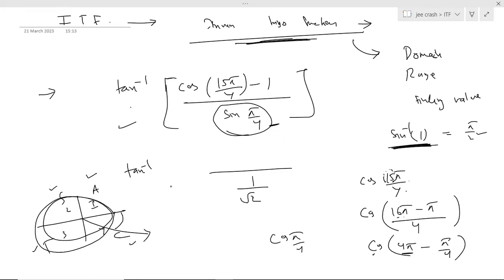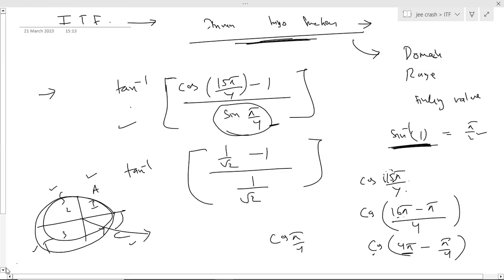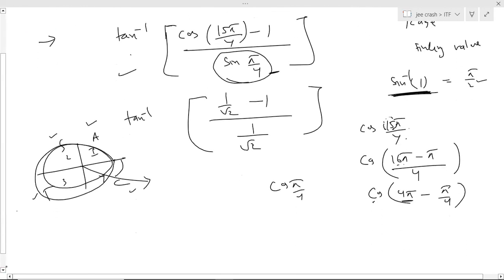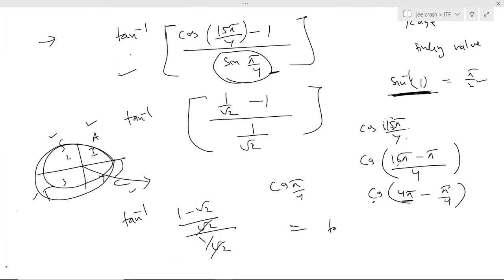The cos pi by 4 is 1 by root 2. So we have 1 by root 2 and this is minus 1. So this is tan inverse of 1 minus root 2 upon root 2, divided by 1 upon root 2. Tan inverse of 1 minus root 2.